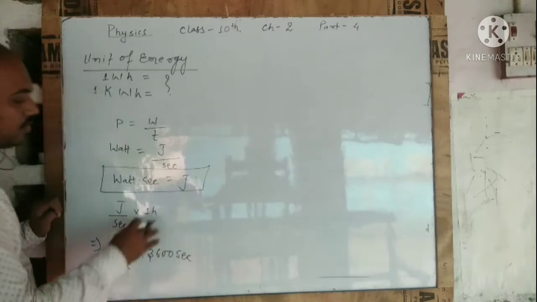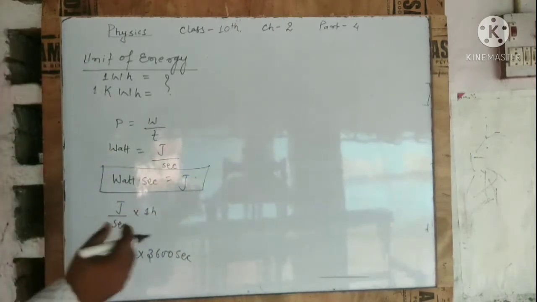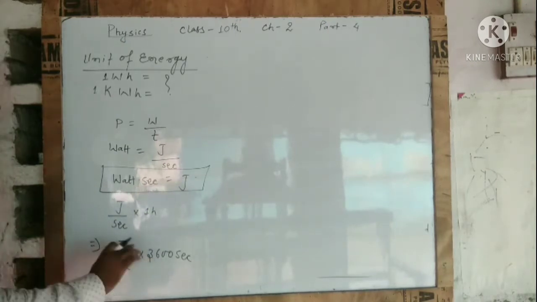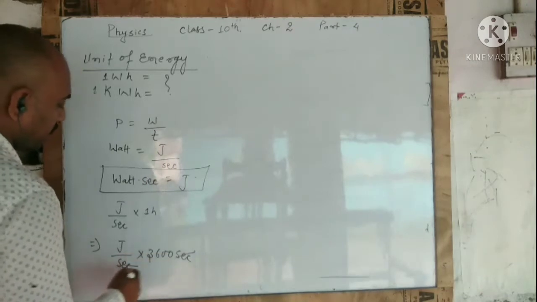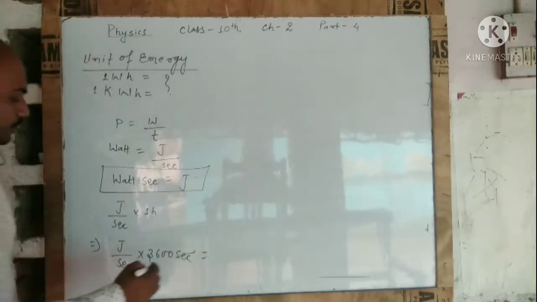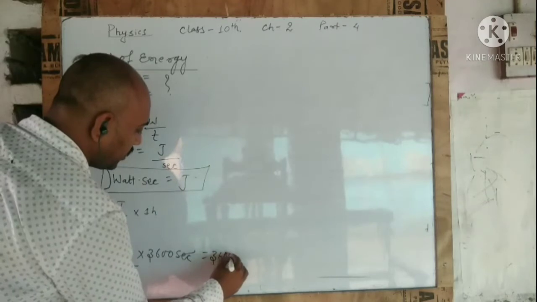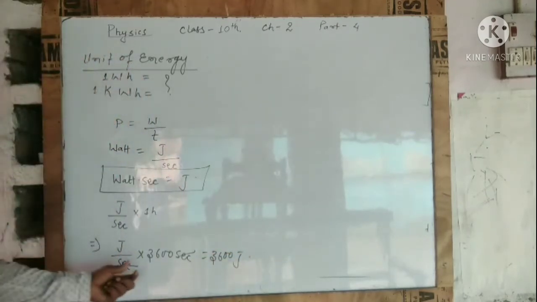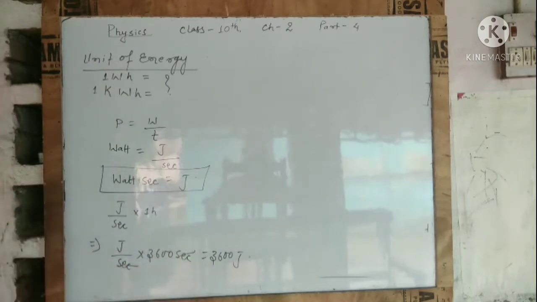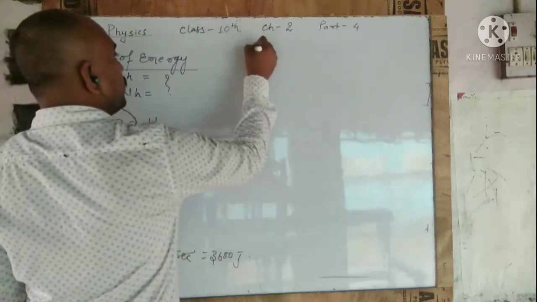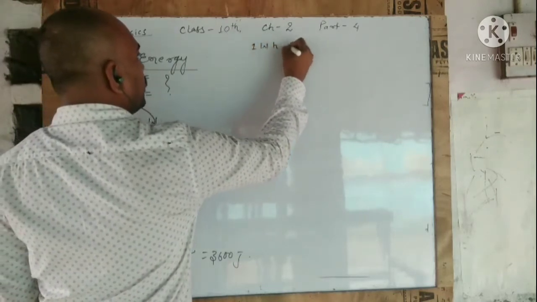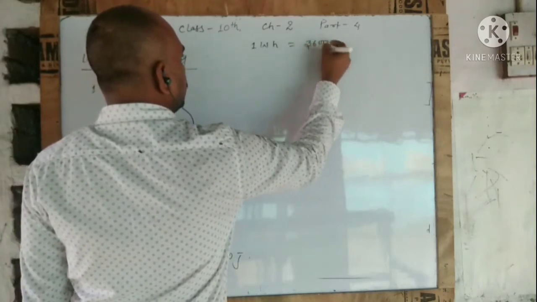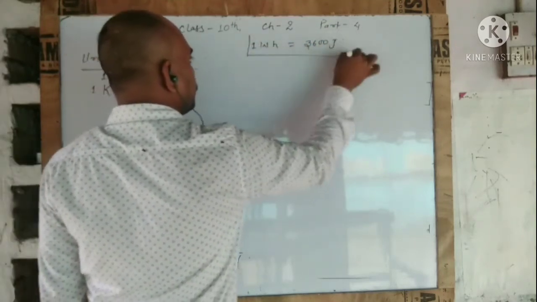As we know, 1 hour contains 60 minutes and 1 minute contains 60 seconds. Multiplying, we get 3600 seconds. Second and second will be cancelled out, and that will be equal to 3600 joule. So 1 watt hour is equal to 3600 joule. You have to keep this in mind.